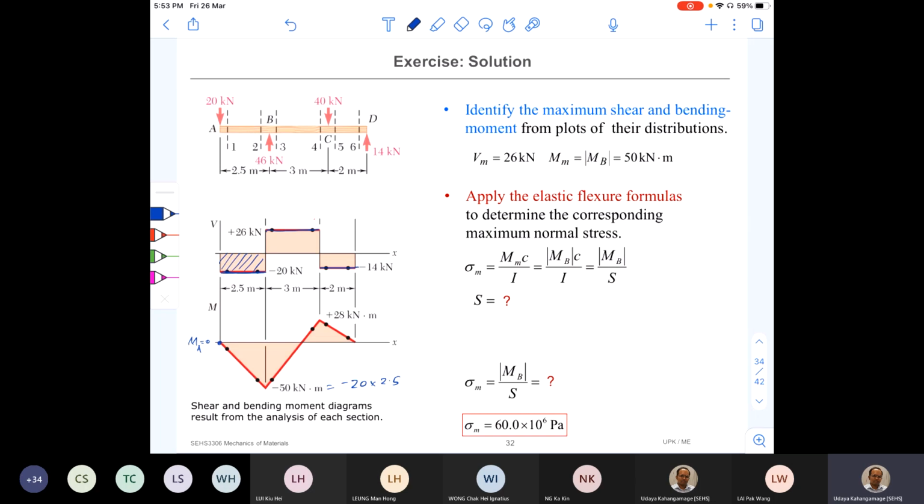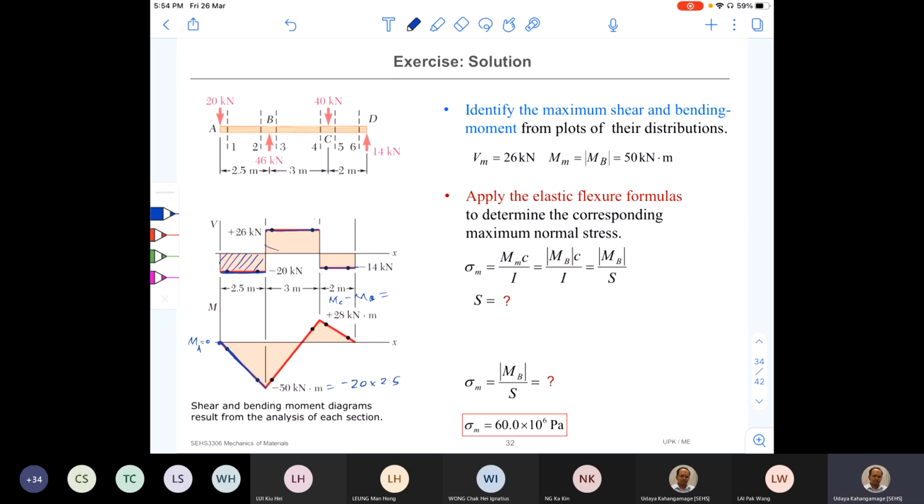And then at point C. So we can draw this variation as a linear curve because of constant shear force. At point C, what is the bending moment? For that, I need to take MC minus MB. I know that MB is minus 50. Right. So would you like to write that equation? How do I get this one? This is MC minus MB.